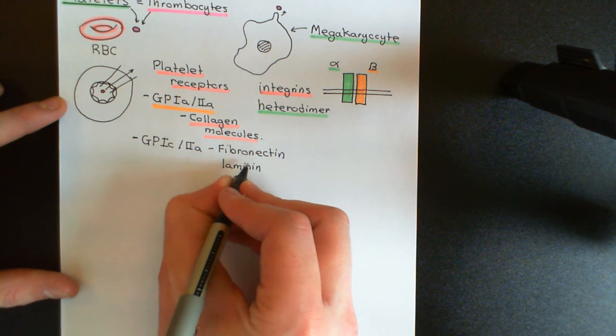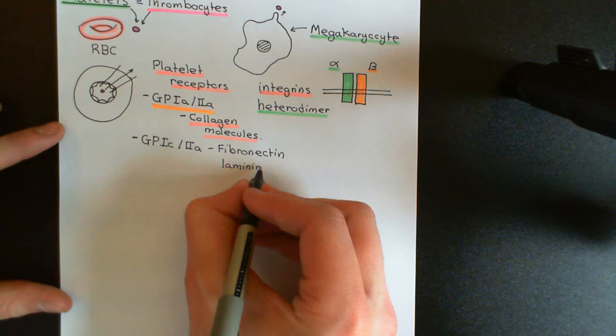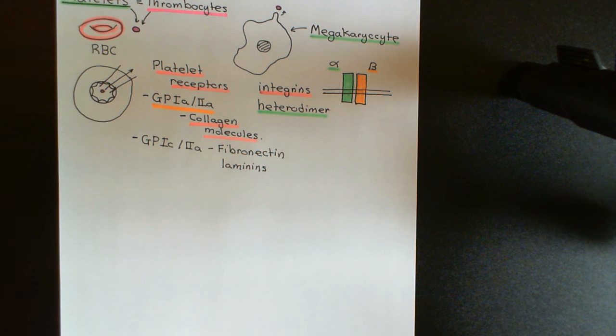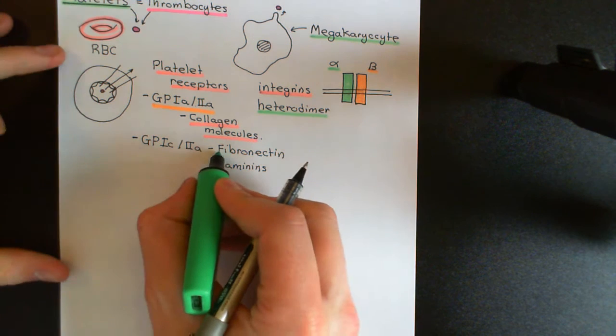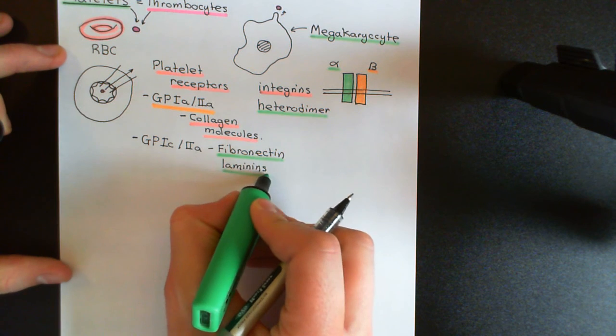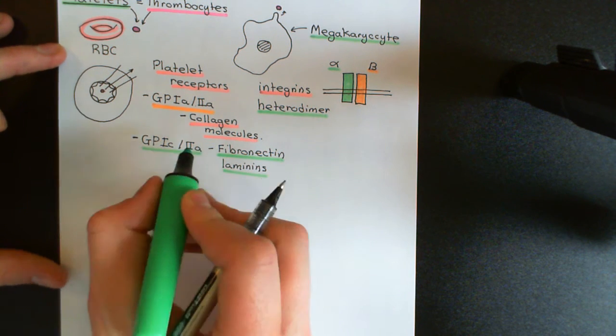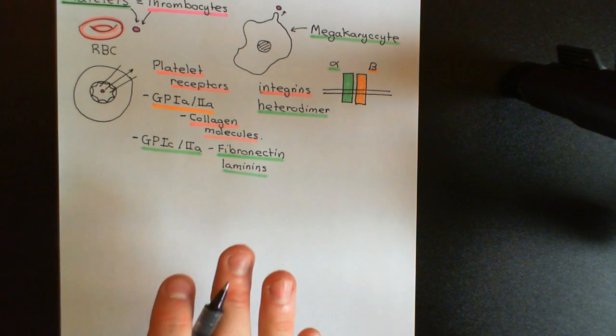Okay, so fibronectin and laminins are proteins that are also key components of the extracellular matrix, this spider's web of proteins and carbohydrate molecules that hold neighbouring cells together, and are very important, therefore, in the structure of the body. Okay, and again, platelets usually are never allowed to see these molecules. The endothelial cells shield them from these molecules.